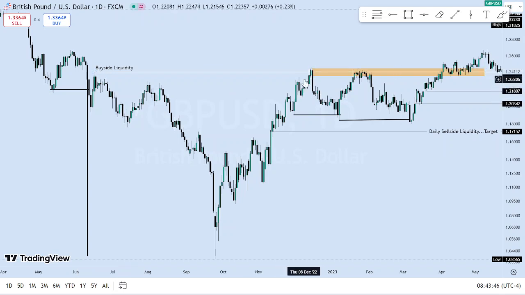After hitting our target, price dropped. The bearish candle is the low, the bullish candle here is a high with the body.